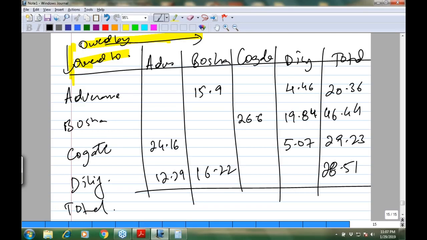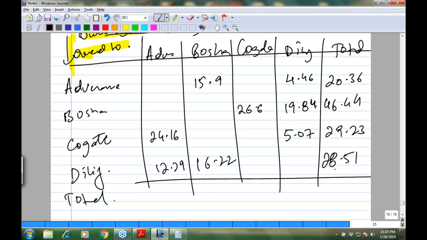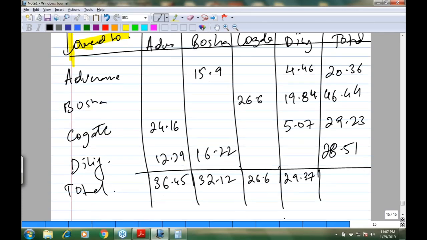So we have got 28.51. Now you need to calculate the totals for the columns also. Okay, what else? So we have got these various totals.